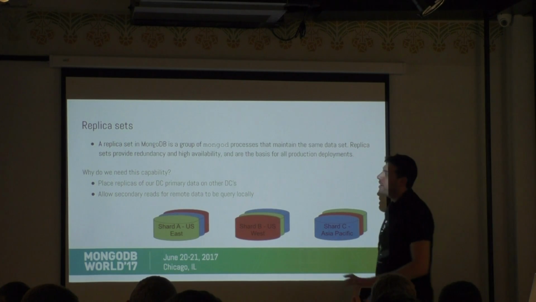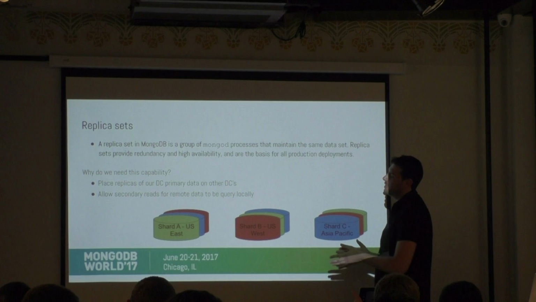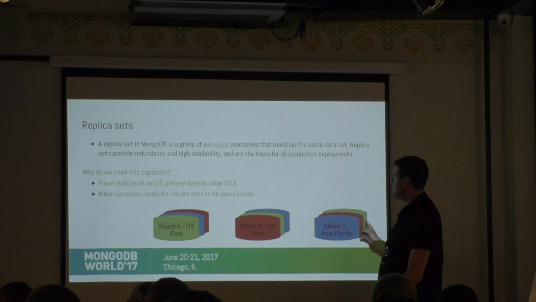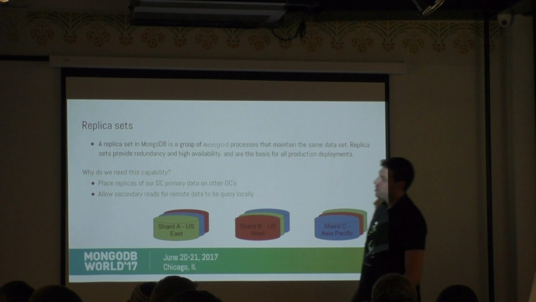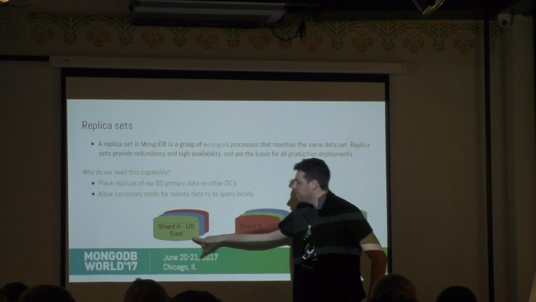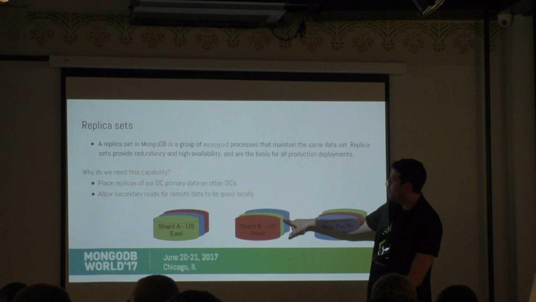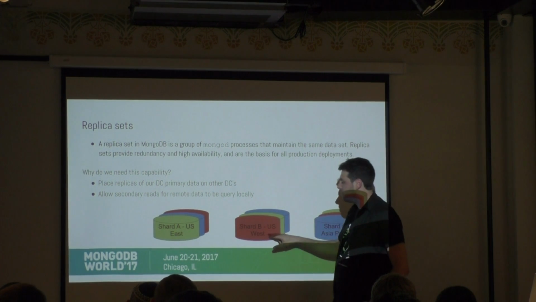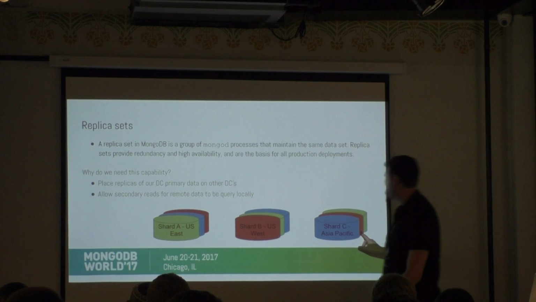Replica sets. As we said, a replica set is an ability to take a primary and replicate it to another secondary. So we're going to take this primary and have a replica on US West. We're going to take the US West primary and replicate it to both regions.